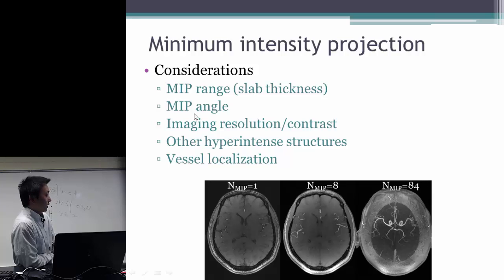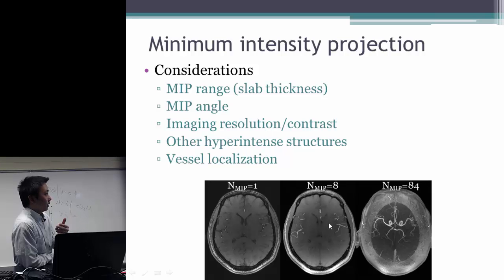And we can do a MIP along different arbitrary angles if we are doing 3D high resolution imaging. In here we are doing this in a transverse plane, but we can also do this in a sagittal or coronal plane or any other oriented imaging planes.